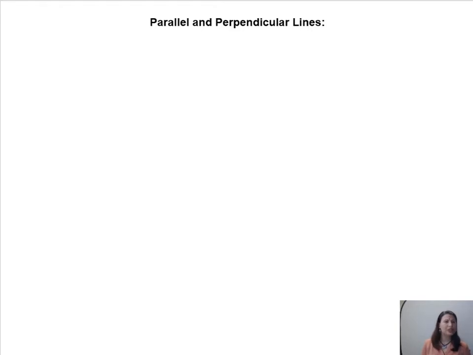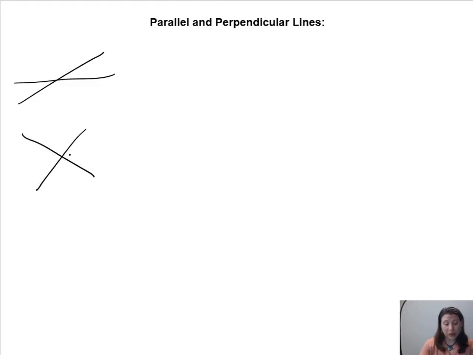So first, let's think about the different types of intersections of lines we could have. Well, the first one is they intersect, but there's nothing special about the intersection. They just intersect. Then they could intersect in a specific way, at a right angle.